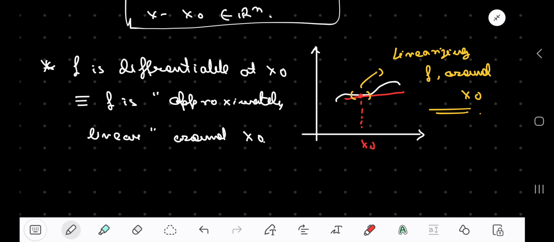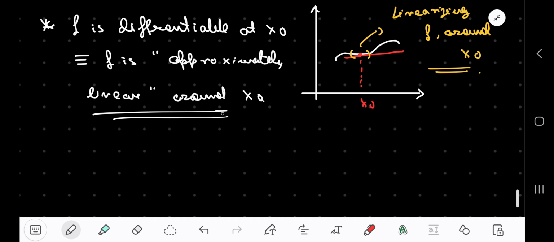Clear? Fine. So we will come up with this definition, we will formulate it, and then that will be something which we can immediately generalize.